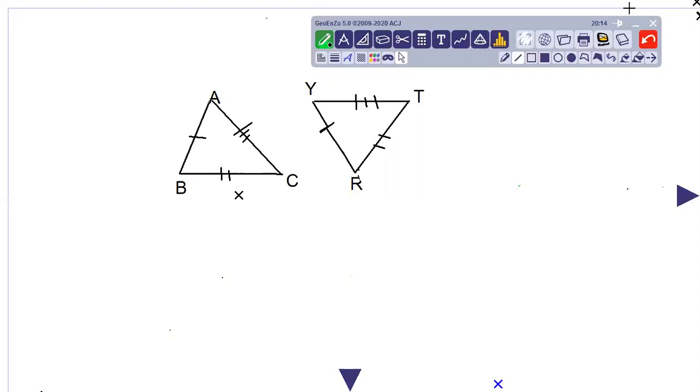It's only about the SSS congruence theorem, but for the other congruence theorems also, SAS, ASA, and all those, just look for the correspondence, the vertices correspondence. And it will be very easy for you to tell the unknown three parts correspondence.